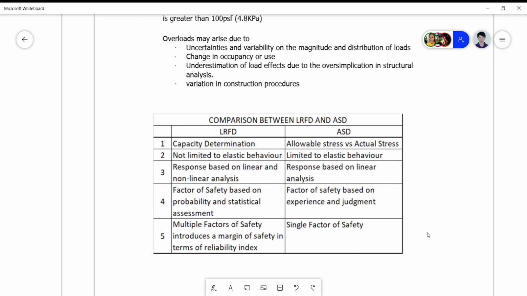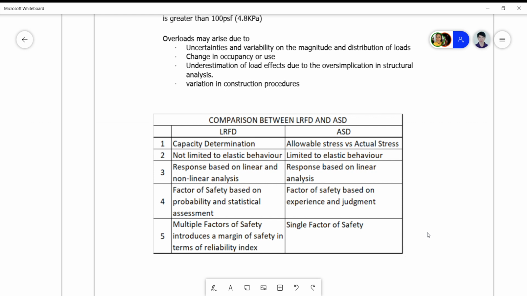So the LRFD is not limited to the elastic behavior, while the ASD is limited to the elastic behavior. The response of the member on LRFD is based on linear and nonlinear analysis, while the response on ASD is only based on linear analysis.